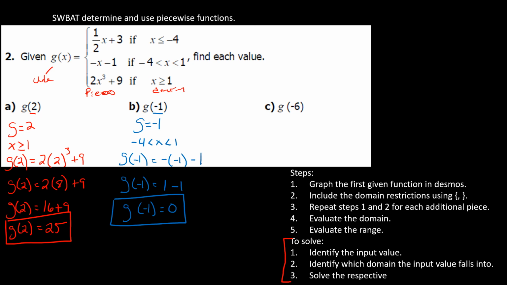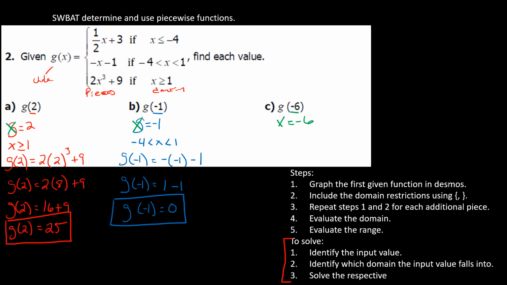All right, let's do one more together. So we're going to identify this input value for the function g when x is, and I apologize, I'm saying g equals, these should all really be x equals here, guys. Sorry about that. x equals -6. So when x equals -6, let's think about this input value.